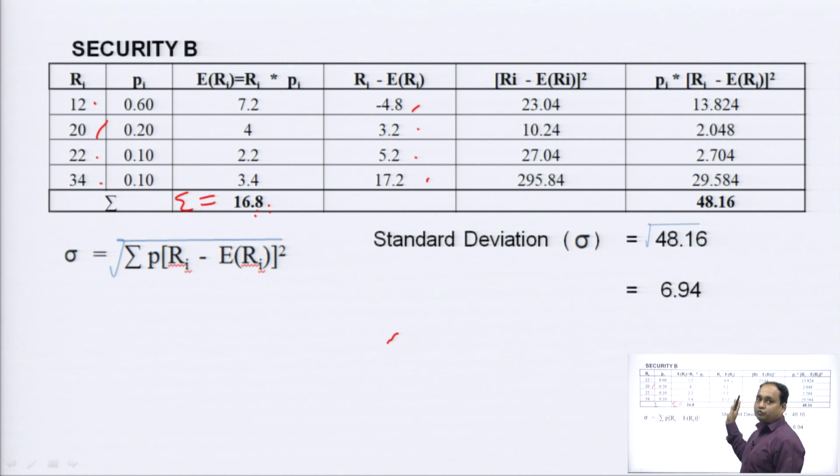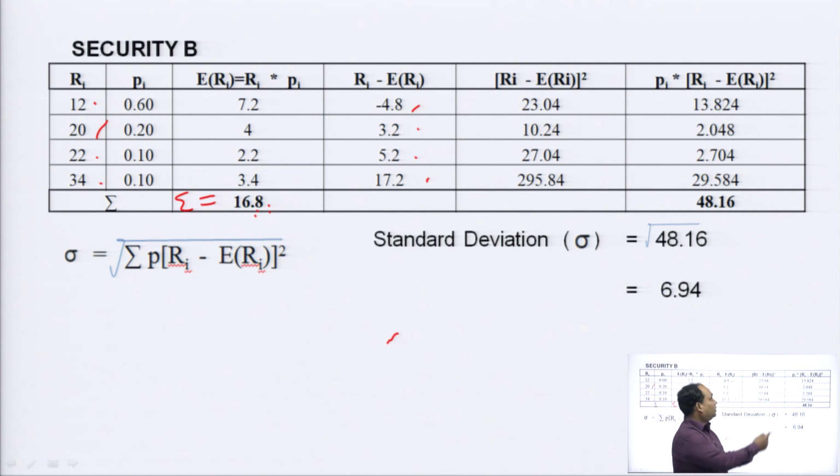Now we take the squares of these deviations: 4.8 squared, 3.2 squared, 5.2 squared, 17.2 squared. Multiplying the squared deviations with the given probabilities, we get this figure.